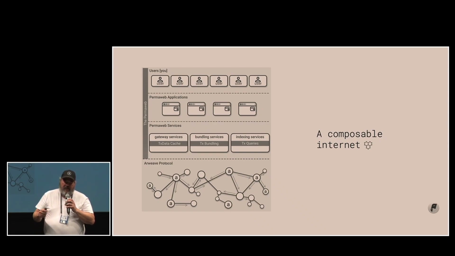The interesting side effect of that is that it creates a composable internet where one application does not own your data, but users can travel with their data from app to app in a composable way.